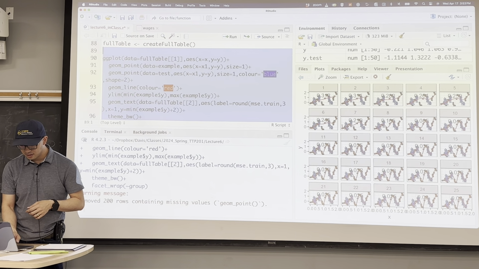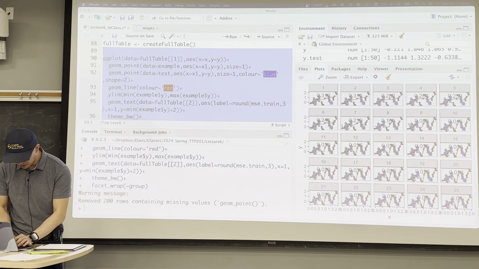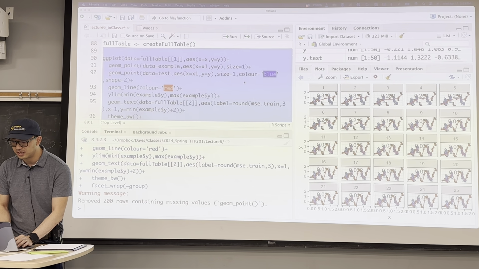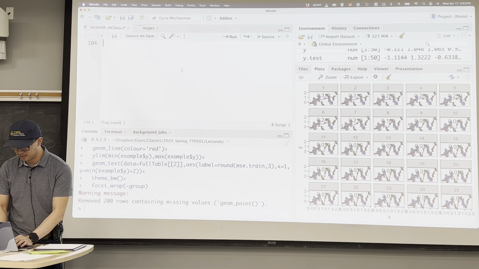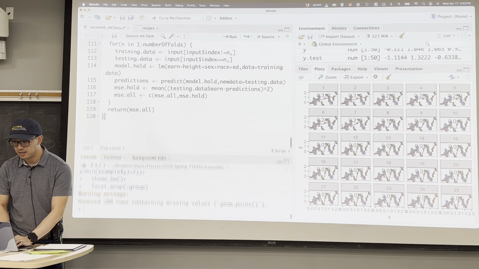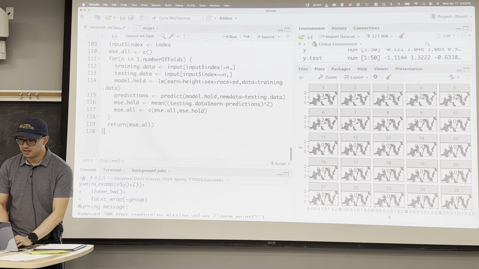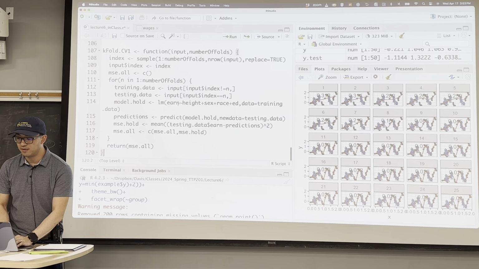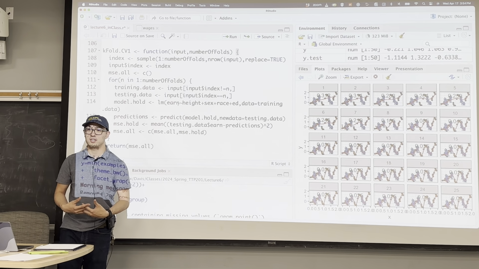So, how do I do this in code? This is an example for the wages data set. Let's walk through the logic of this.